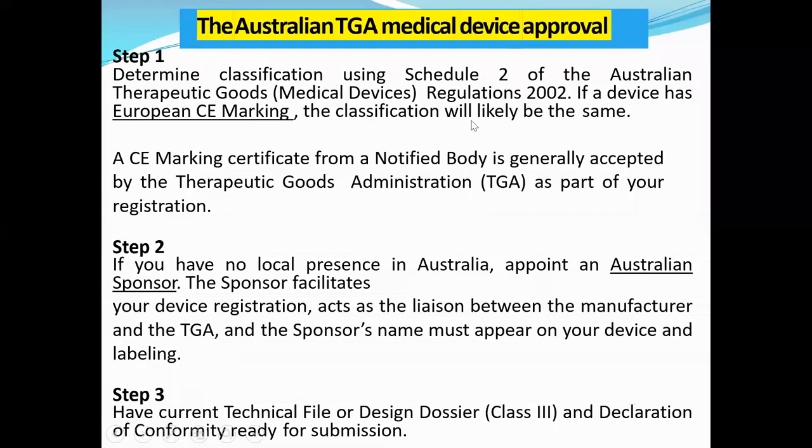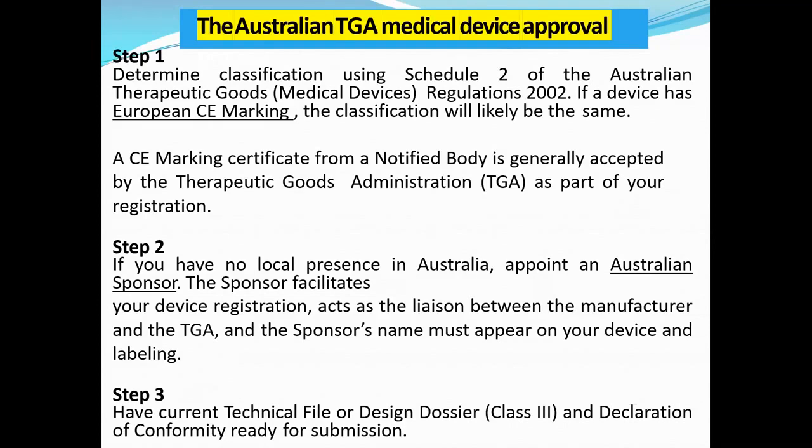So here I would like to say, once you have entered Europe and you get the CE mark, you can sell your product worldwide. That route becomes very easy for you to enter Australia and most of the other countries as well. That is why people are behind getting the CE mark.